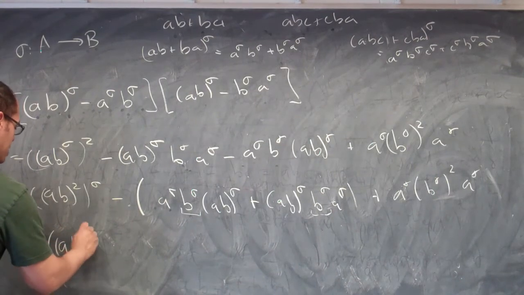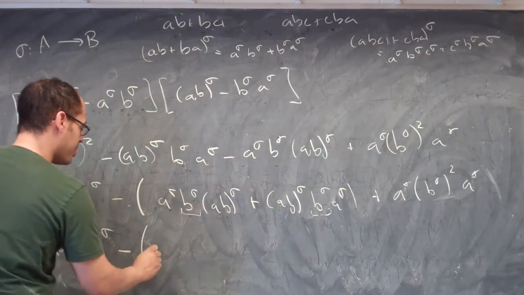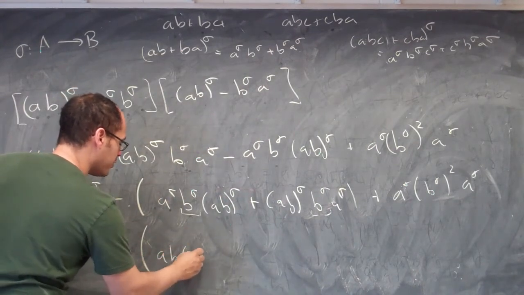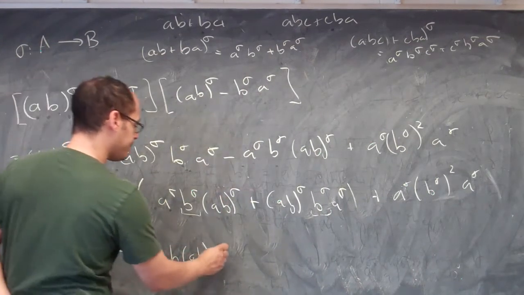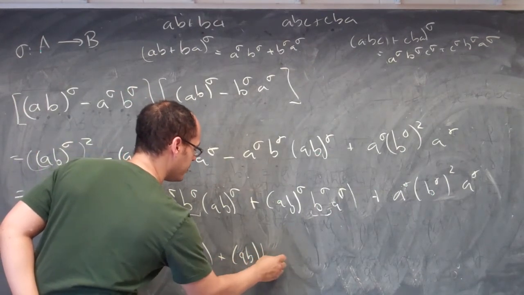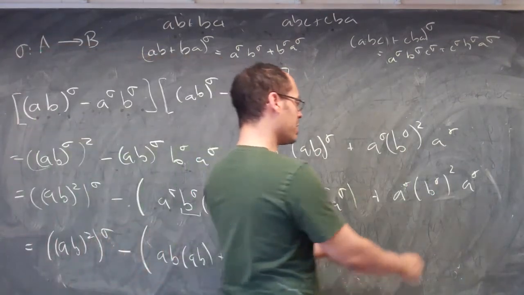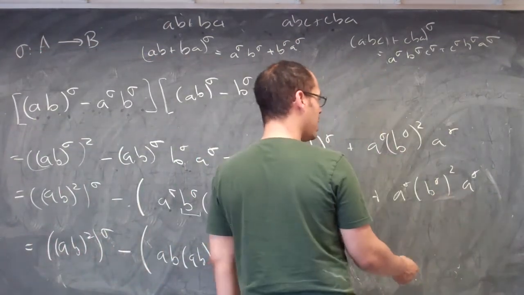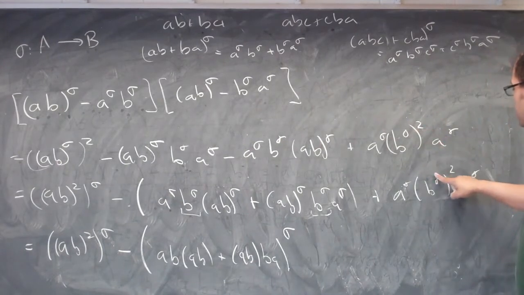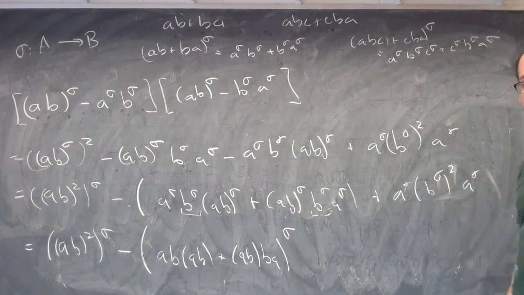So let's say AB squared sigma minus, and I'm going to pull my sigmas out of this whole thing. Give myself AB plus AB BA, sigma on everything. Now this thing over here, I can move the sigma past the squaring because sigma preserves squaring, so I can rewrite that like this.